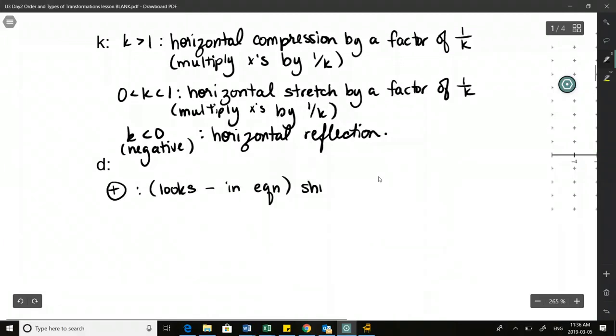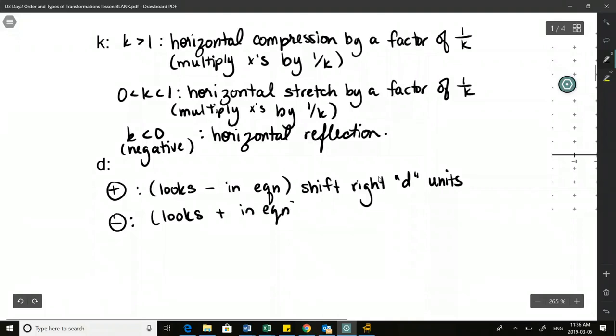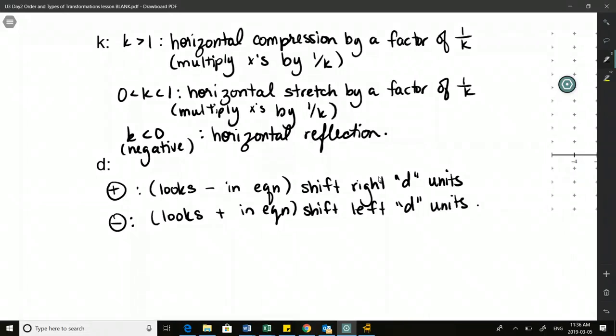This will shift right d units. And if d is negative, it will look positive in the equation, and it will shift left d units. So these are the skeleton statements that I'm going to use if I have to write transformations in words.